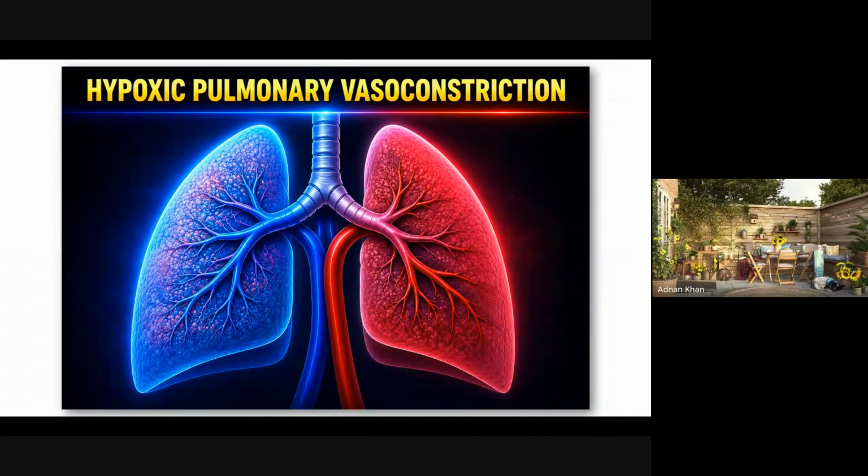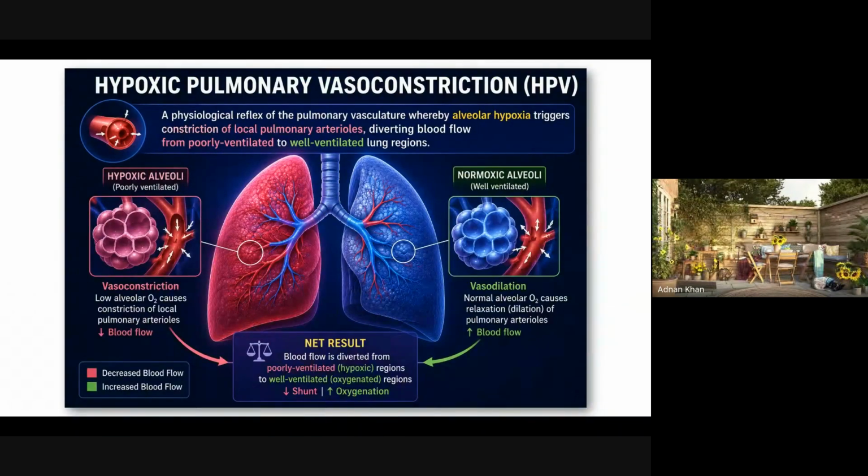Now here, hypoxic pulmonary vasoconstriction is a most important concept. HPV, we will talk about hypoxic pulmonary vasoconstriction. The definition is that it is a physiological reflex of the pulmonary vasculature, whereby alveolar hypoxia triggers the constriction of the local pulmonary arterioles, which can divert the blood flow from poorly ventilated to well-ventilated lung regions.